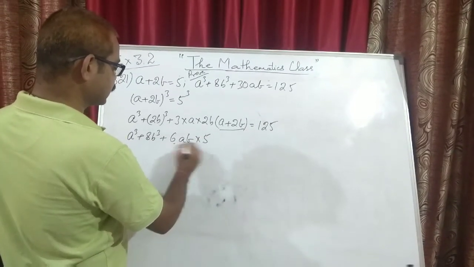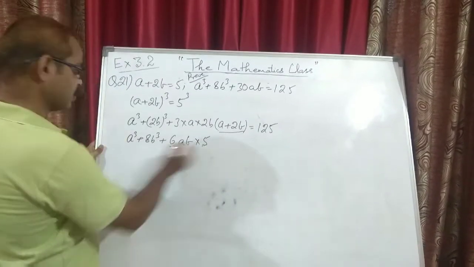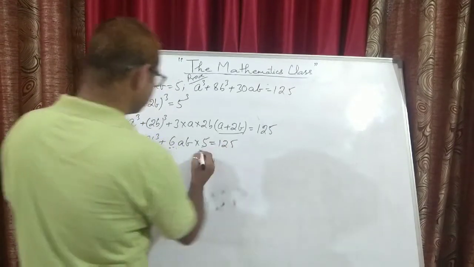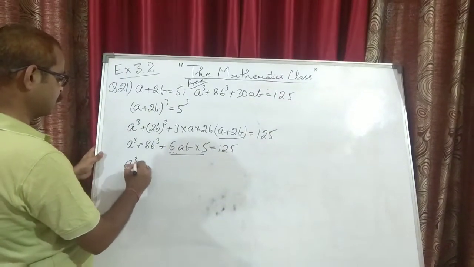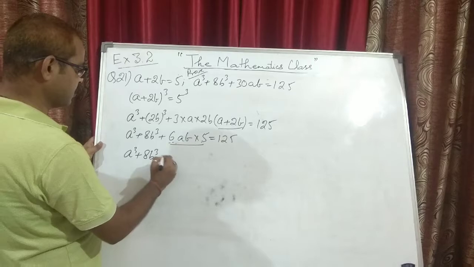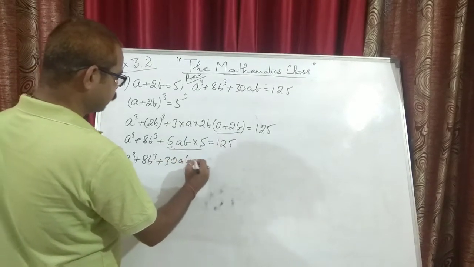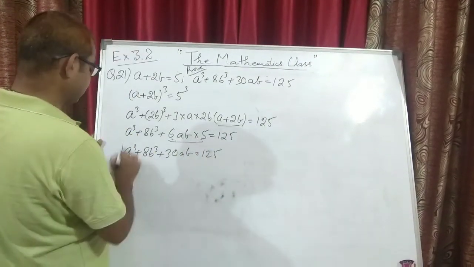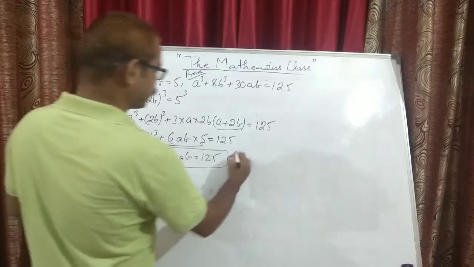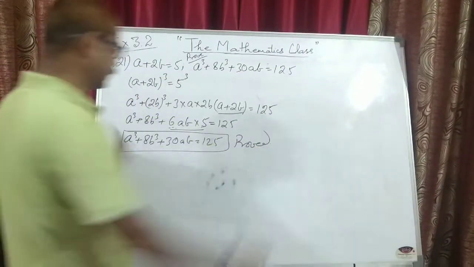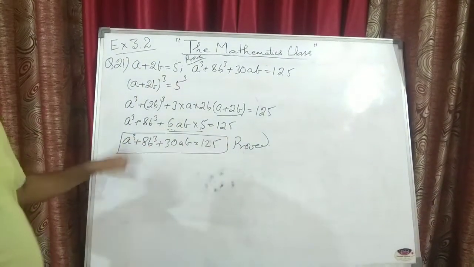So this becomes 30. So a cube plus 8b cube plus 30ab is equal to 125, and that is what was required to be proved.